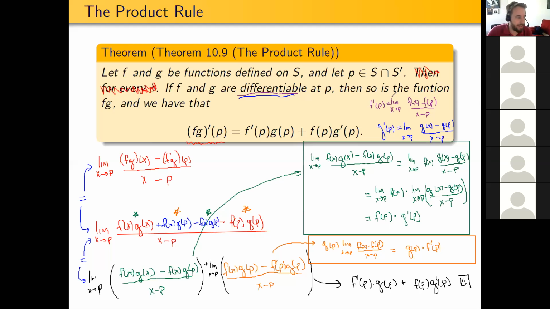We're not going to spend time in class proving the quotient rule, but I will say it is proven very similarly. You set up the initial quotient, you have to add or subtract 0 in some interesting way, and you have to use some clever algebra maneuvers. So we won't do it in this class, but it is very, very similar.